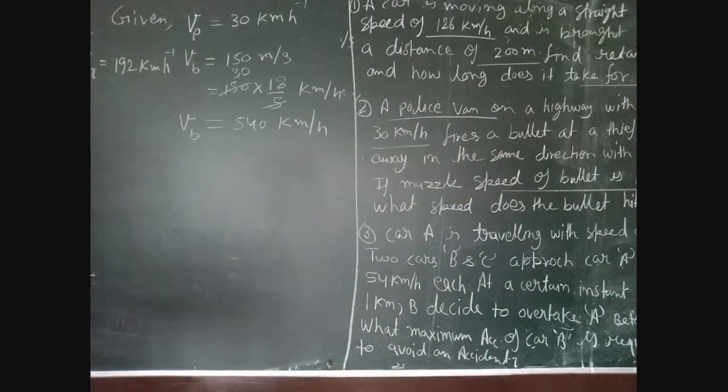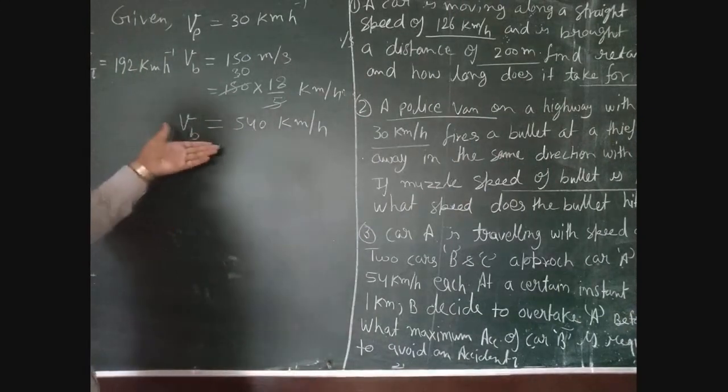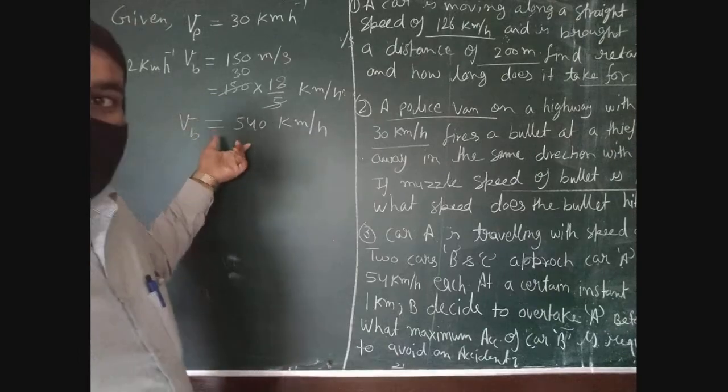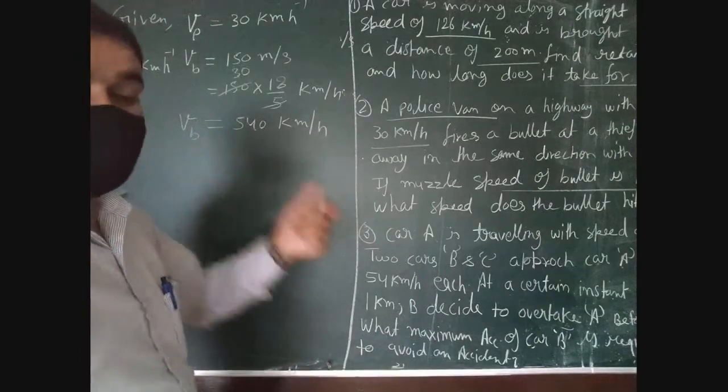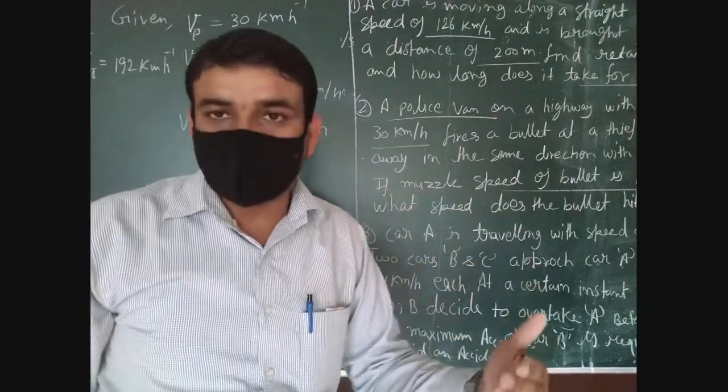Okay, now first we need to calculate the effective speed of the bullet. The actual speed of the bullet is 540 km/h, and it is fired by a policeman moving with a speed of 30 km/h.